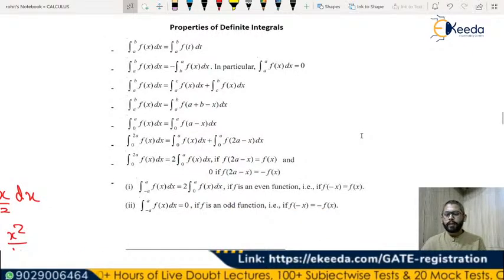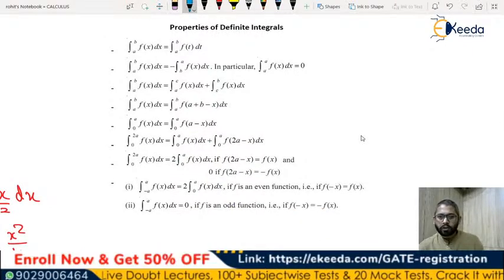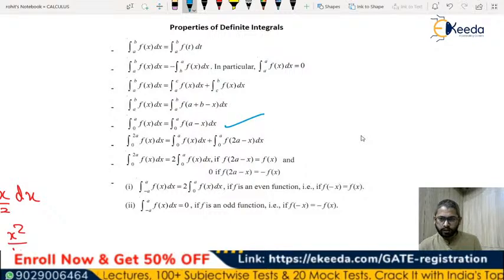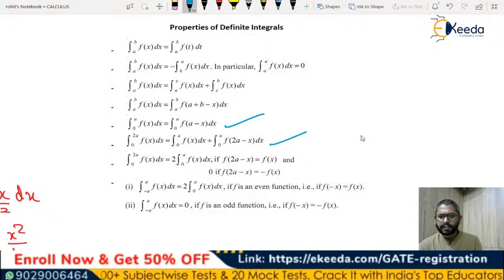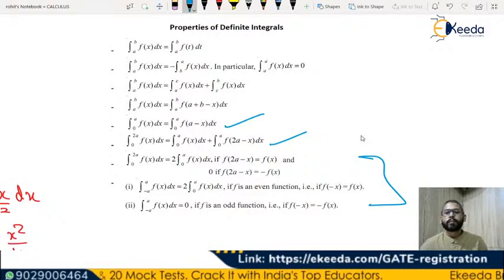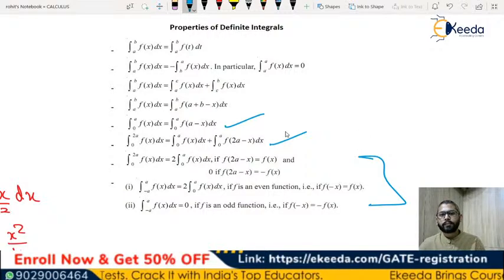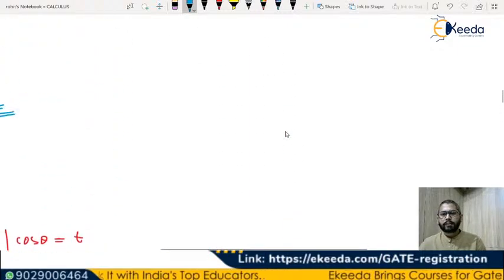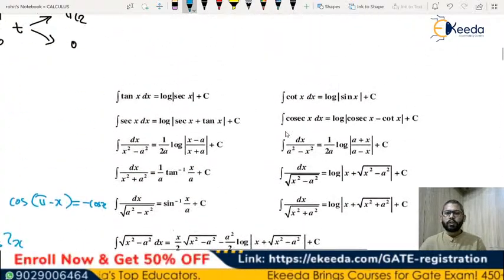So these are some of the major properties you will come across, like this one, which we used today also. And of course these are the conclusions of the previous one. So these two properties are important. Other than that, this and all.